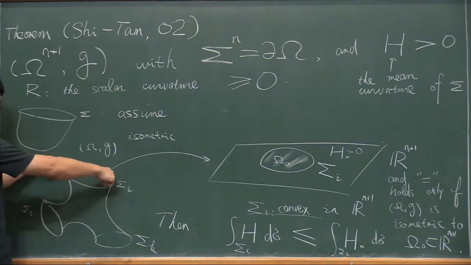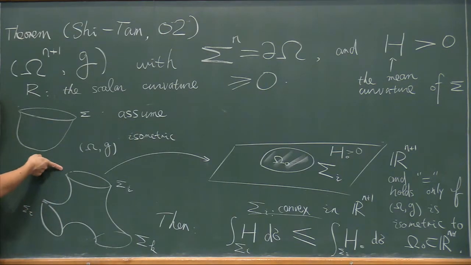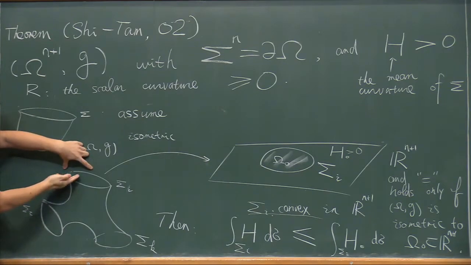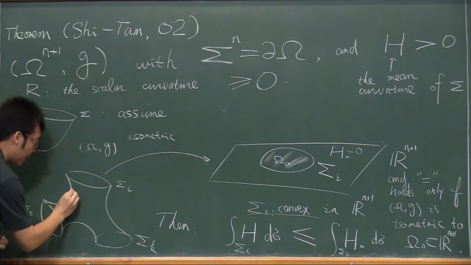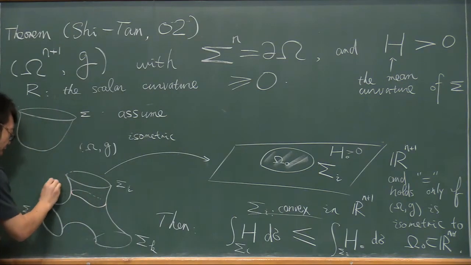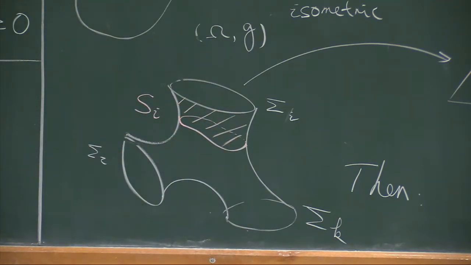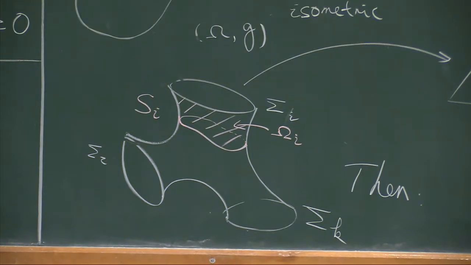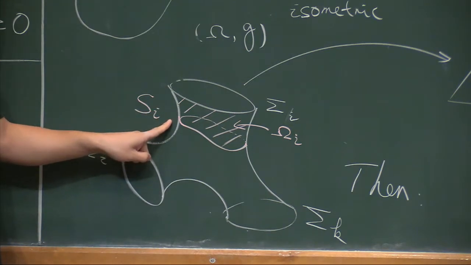Now, because we are assuming the mean curvature vector points inward at each boundary component, whenever you fix a boundary component, say this one, then by minimizing area among all surfaces which enclose a region with this fixed boundary component, one can always find a minimum hypersurface, say Si, which bounds a region with the chosen boundary component, sigma I. Say the region between sigma I and Si is denoted by omega I. And such a region has the property that there is no other closed minimal surface in this omega I, from the way that one constructs this Si.